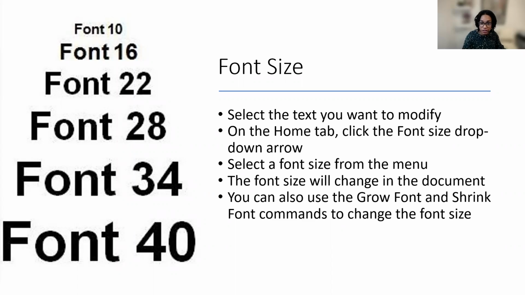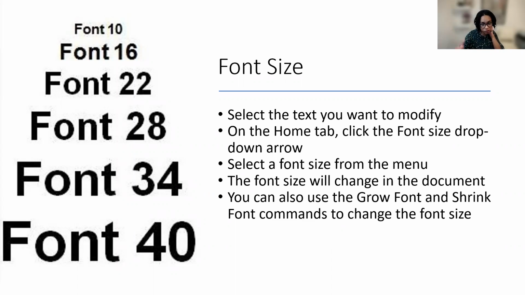For all of these changes, I am going to be showing you some of the steps for how to make them. The first step is always to select the text you want to modify. And it's listed on each of these slides, but I might just glaze over it. But the first step is to select the text you want to modify. Then, if you want to change your font, you'll click the font size drop-down arrow and select the font size that you want.